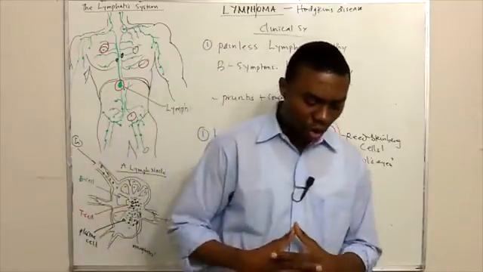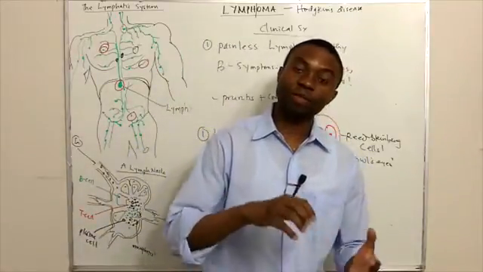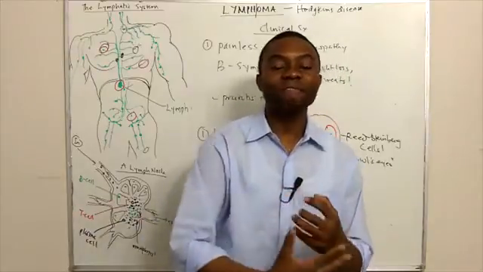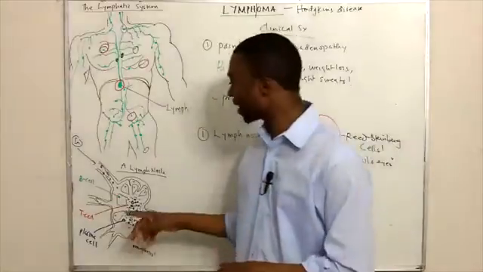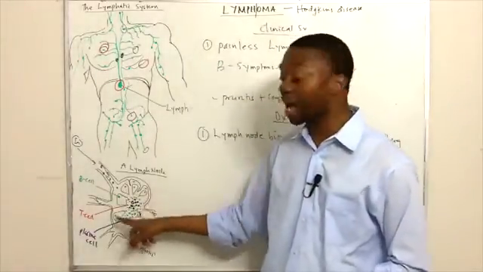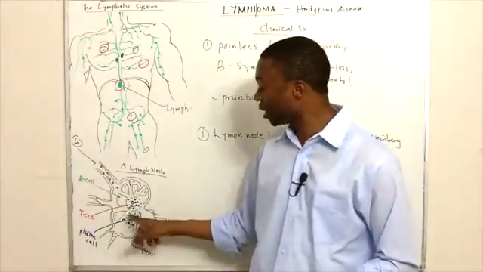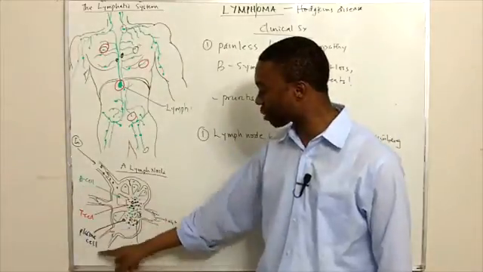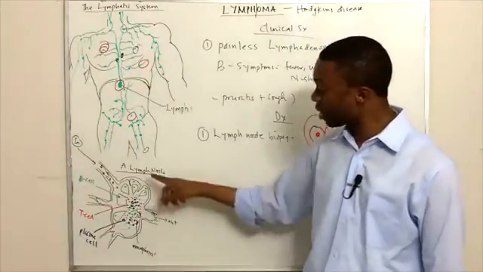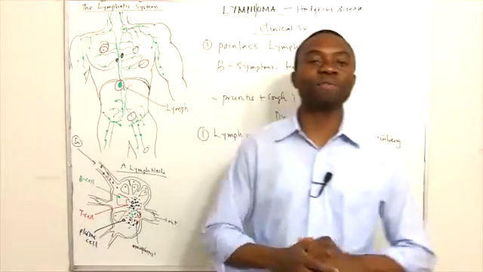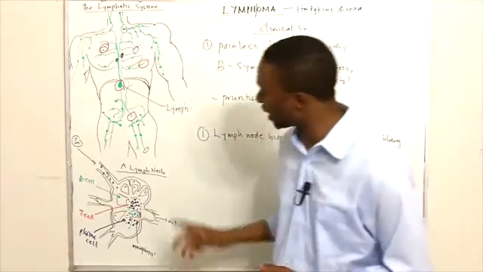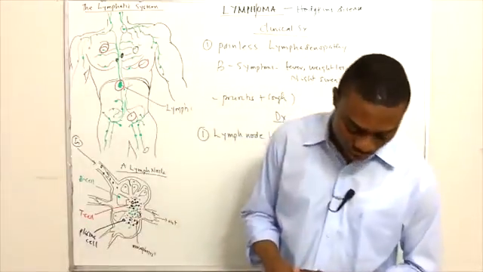Also, aside from the presence of Reed-Sternberg cells, we're going to see inflammatory cells, right? Because when the cancer cells emerge and attack our lymph nodes, which was the house I was describing initially, remember there are T cells, B cells, plasma cells, and macrophages at the lymph node. So they try to attack. So we're going to see a lot of inflammatory infiltrate inside your lymph node. And what are we going to see?